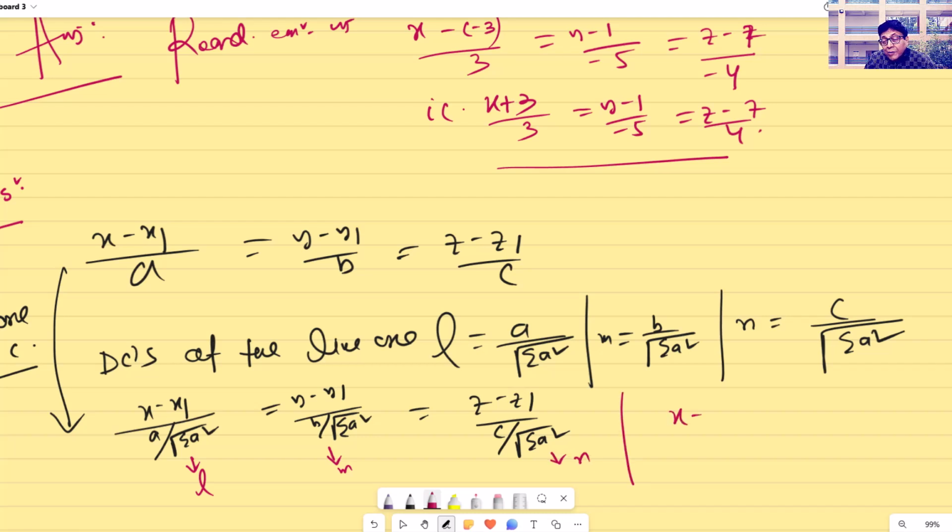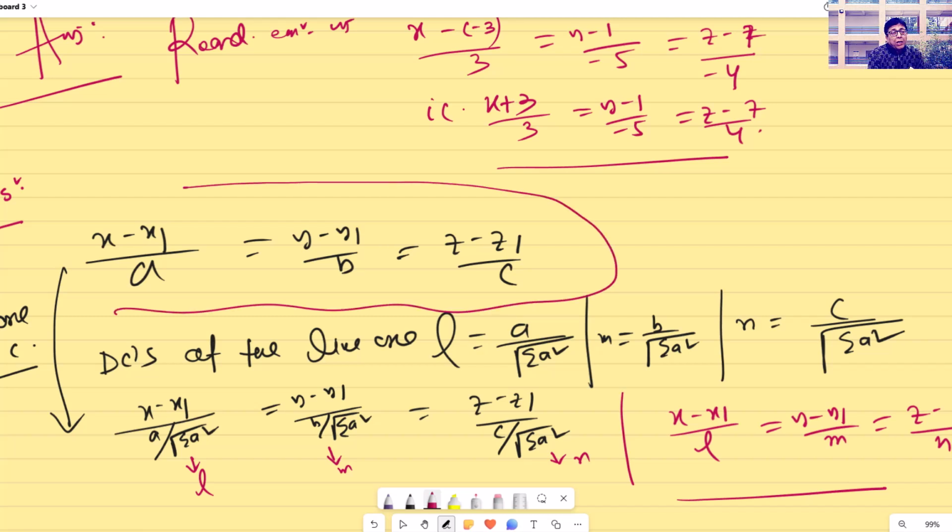So after dividing we can write x minus x1 by l, y minus y1 by m, z minus z1 by n. Now, what I want to say is, a line you can express either in this form or in this form.